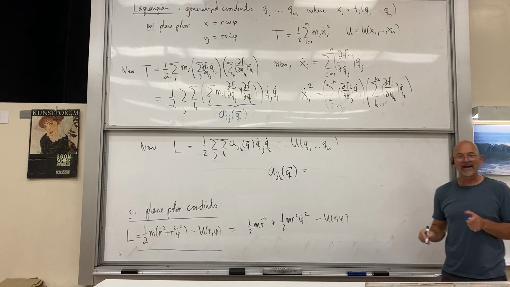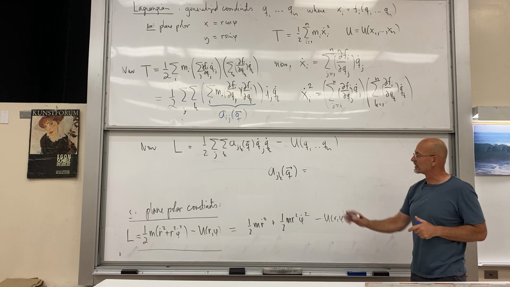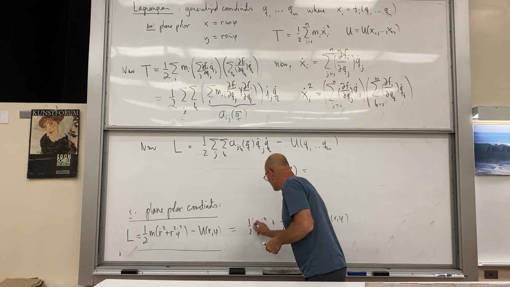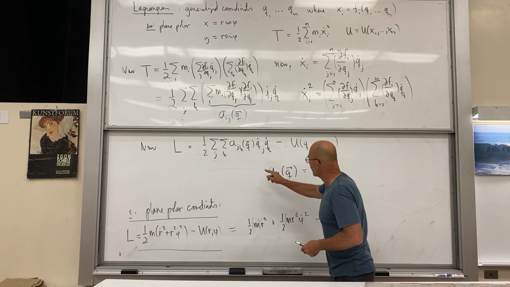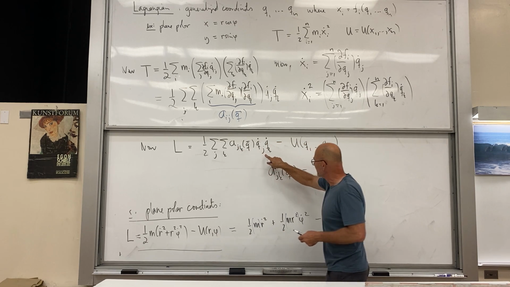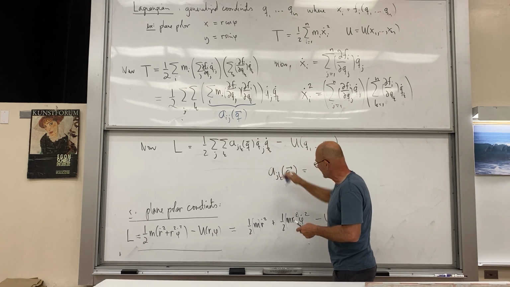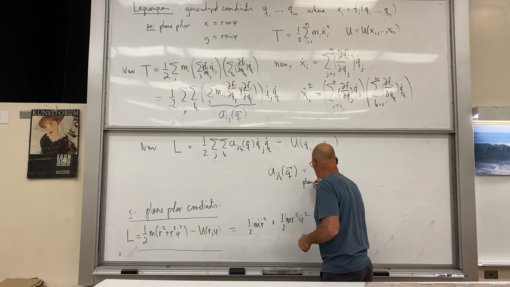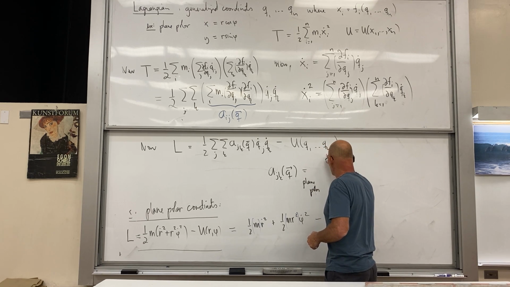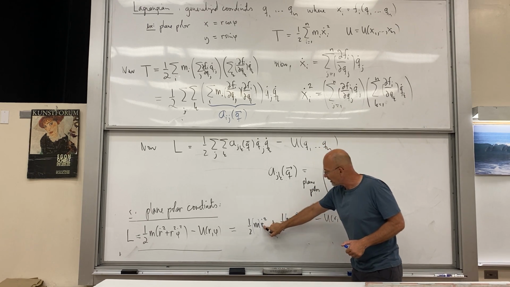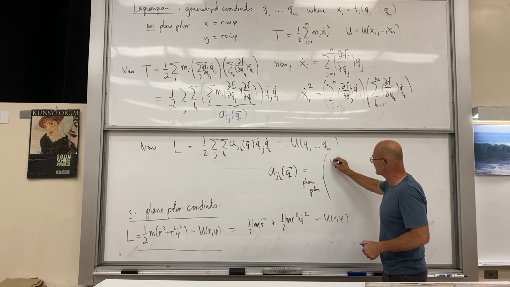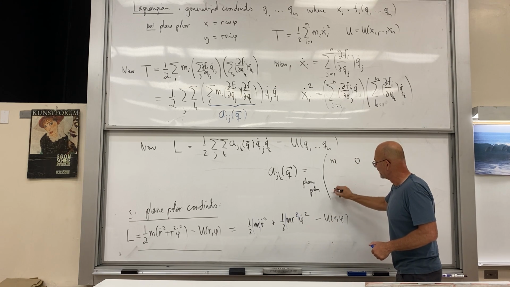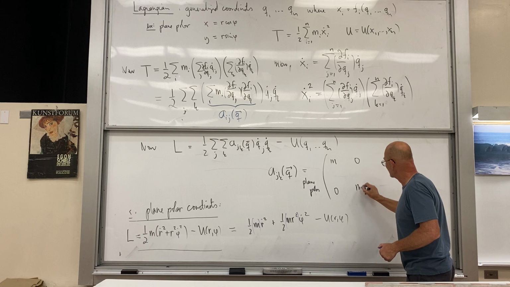It's an n by n matrix. We could write it out as an n by n matrix, but it's just the coefficients here. See, you've got your 1/2, you've got these coefficients, you've got the generalized velocities. So here for the plane polar, this is r dot, so that's q1, q1. It's got an m there, has no mixed terms, no r dot phi dots, we've got a 0, and here it's got an m r squared.